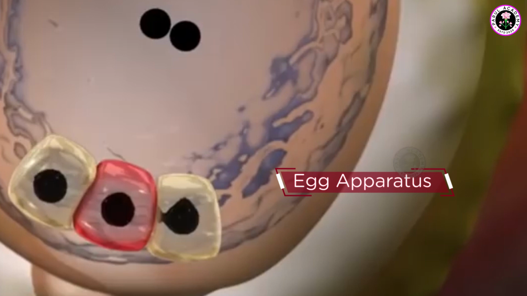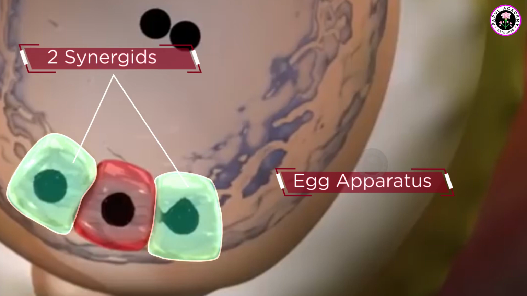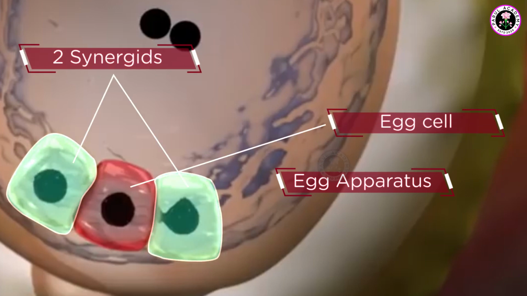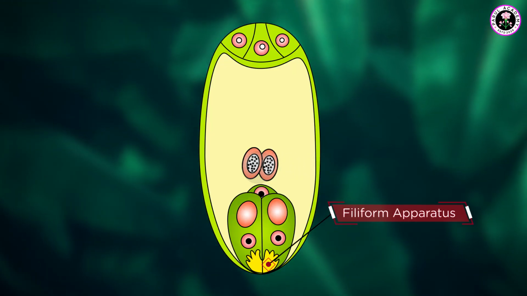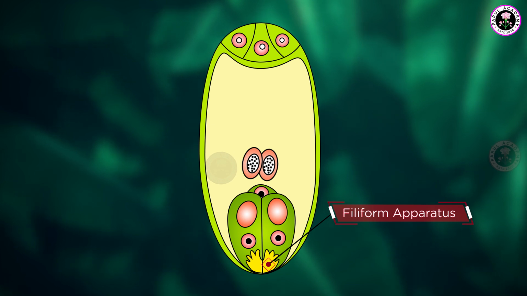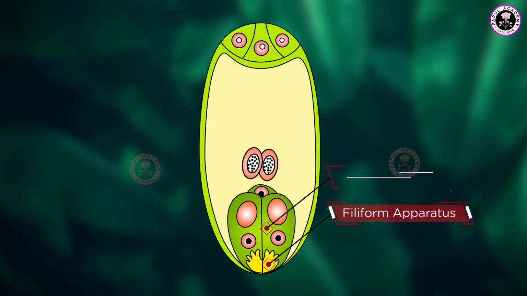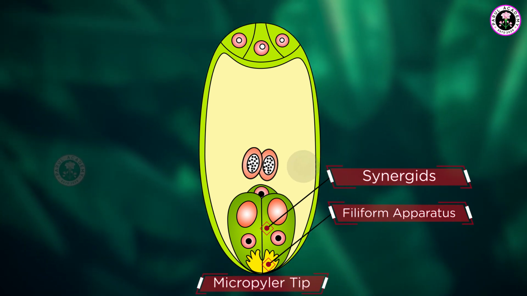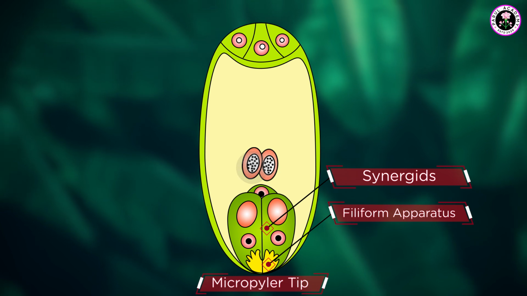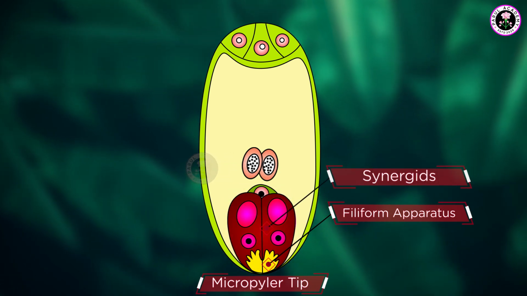The egg apparatus consists of 2 synergids and 1 egg cell. The filiform apparatus, which are special cellular thickenings having finger-like projections from the cell wall, are found in these synergids. They appear towards the micropylar tip and guide the pollen tube into the synergids.